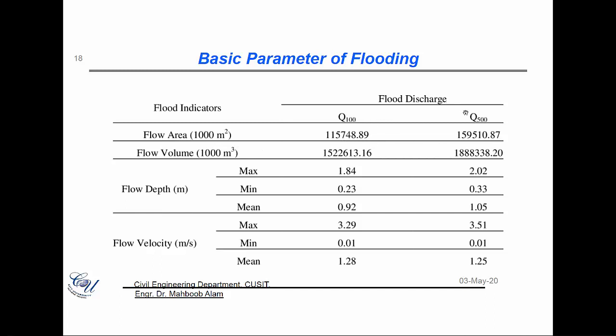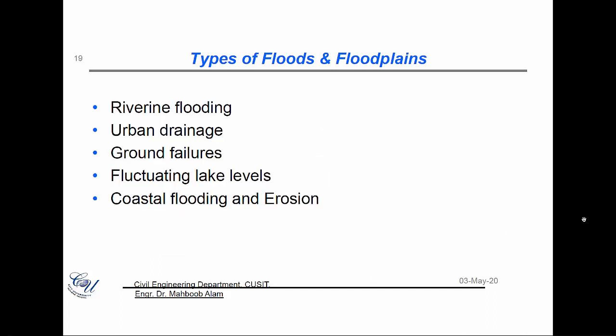Obviously, when we go to the higher values, or to the 500-year flood, then these values would be larger than this one. So we estimate these values, and those values are then used for planning purposes.